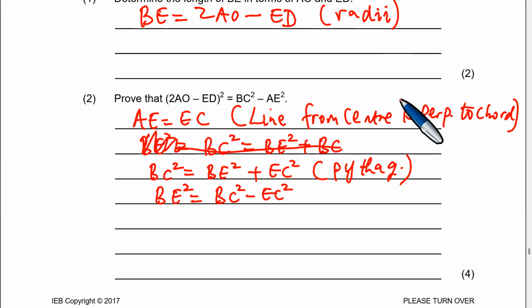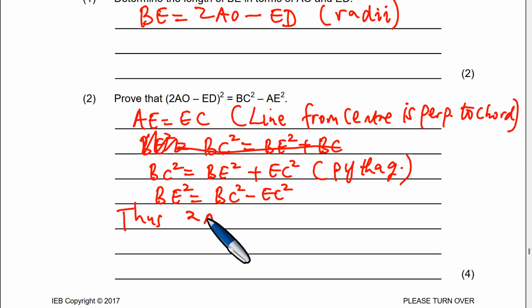How far are we now with the proof of these? Thus, we can make the observation that if you have this side here, we need to prove twice OA minus ED squared is equal to this.